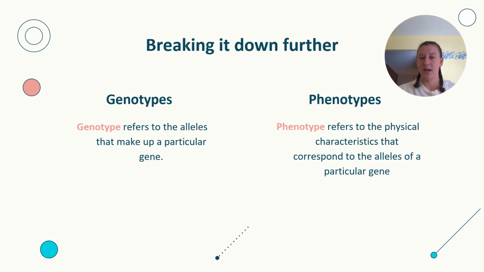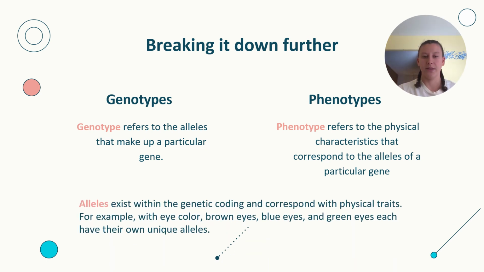So if I'm ever to ask you, what is the phenotype of this person, and I give you an example picture, well, that person has brown hair, blue eyes, is 5'6", whatever. That is the phenotype, but then the genotype will be slightly different because that's just the alleles. And the alleles are just existing within your genetic coding, and they correspond with your genotype. So in a second, I will show you a better example of what I'm talking about when I say alleles, when I say genotypes, and how those correspond to phenotypes.